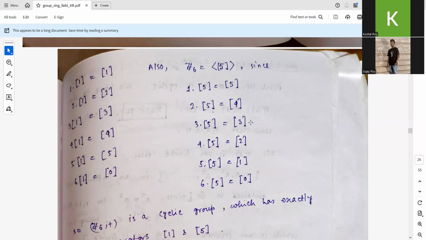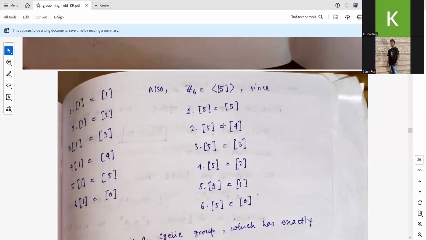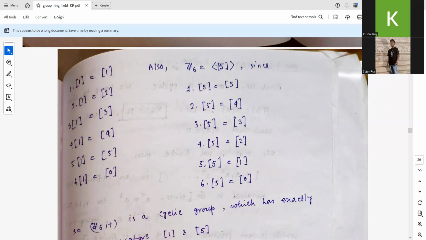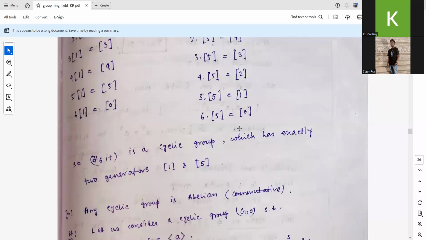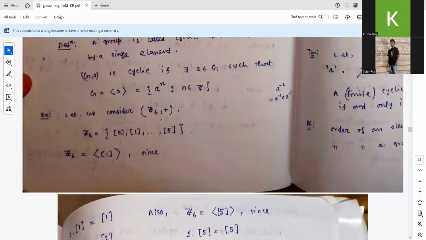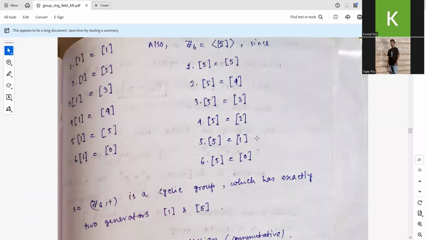Like this 3 into 5 will be 3. And lastly 6 into 5 will be 0. Okay. So therefore this Z6 plus is generated by this 1 as well as the element 5. Okay. So Z6 plus is a cyclic group which has exactly 2 generators, 1 and 5. So if any cyclic group is generated by A, so let G is generated by A. In that case, A is called the generator of G. Okay.